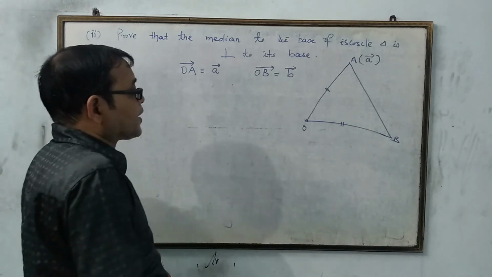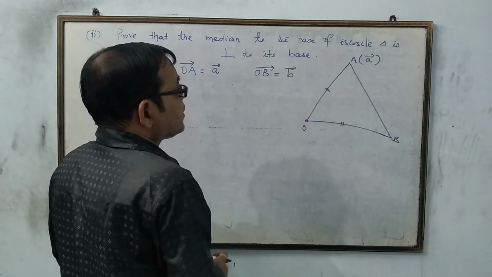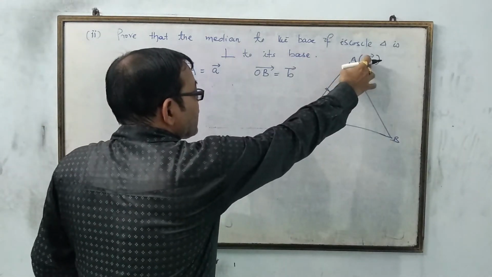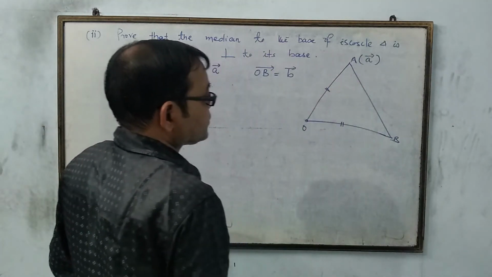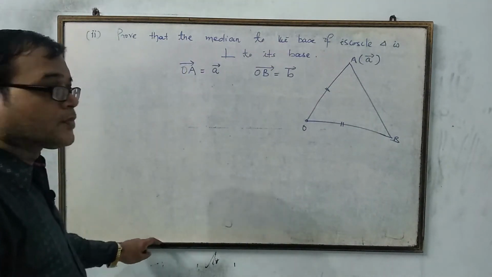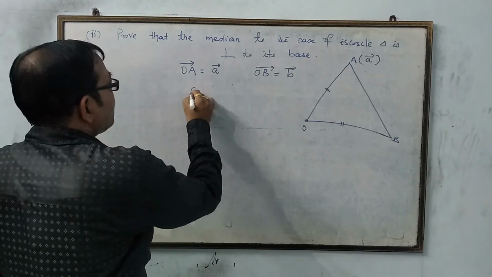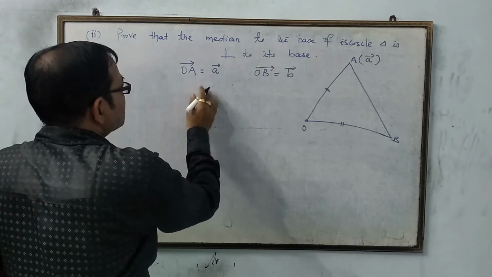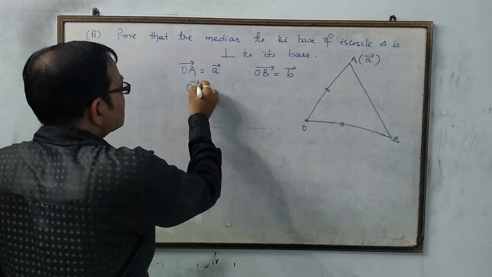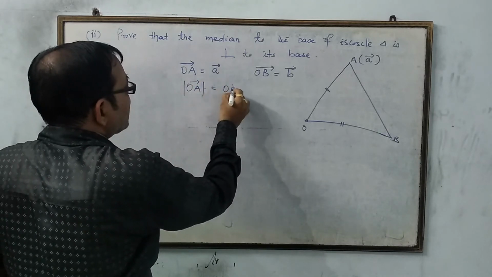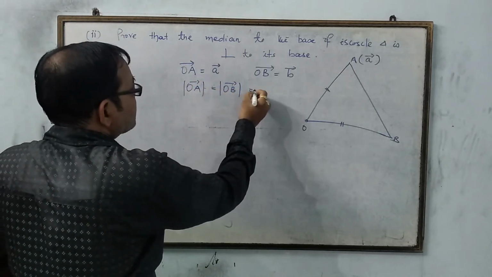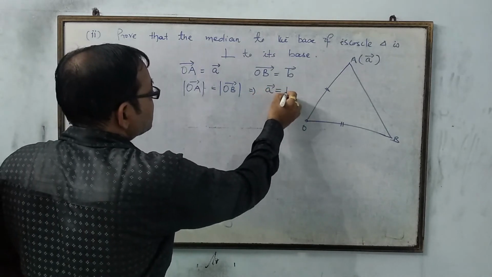OAB is a triangle, here O is the origin. So OA is equal to vector A and OB equal to vector B. This much is clear. That is, OA magnitude is equal to OB magnitude, which implies magnitude of vector A equals magnitude of vector B.